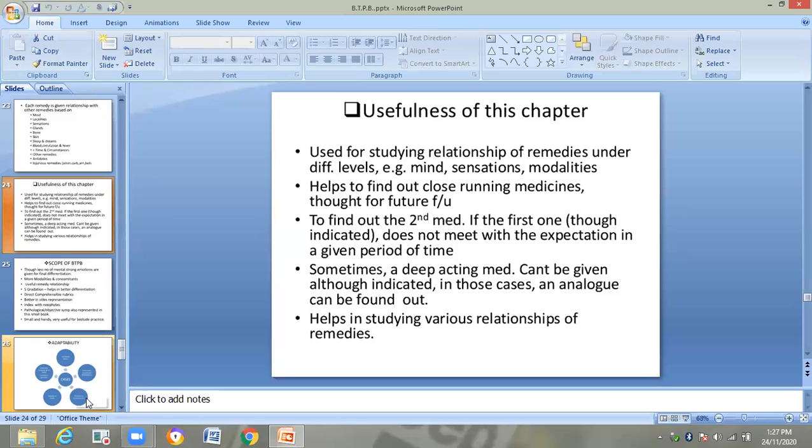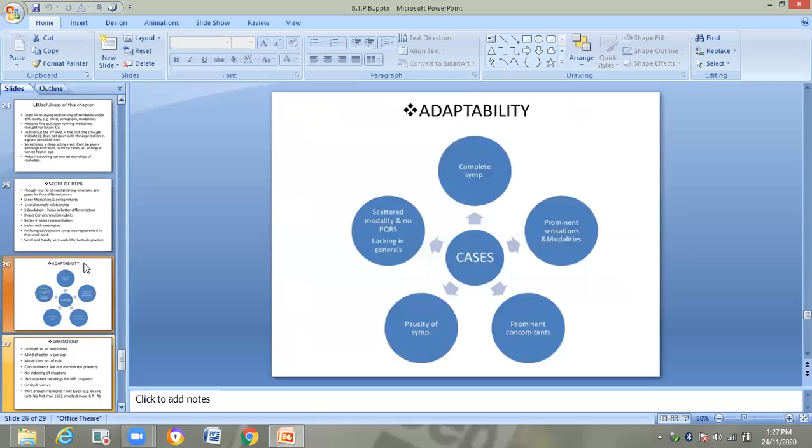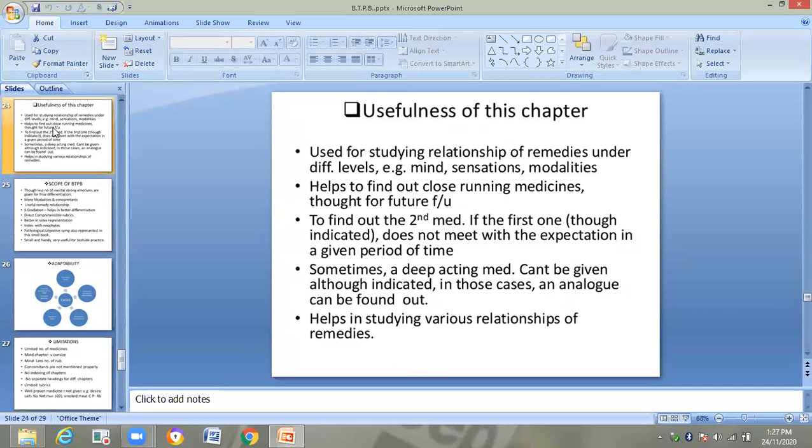It is used for studying the relationship of remedies at different levels, for example mind, sensations and modalities.